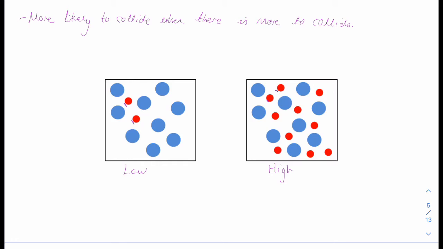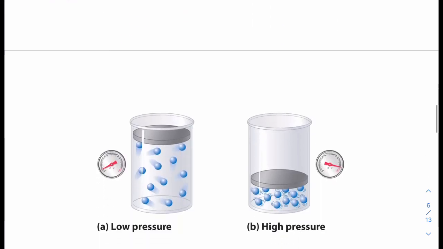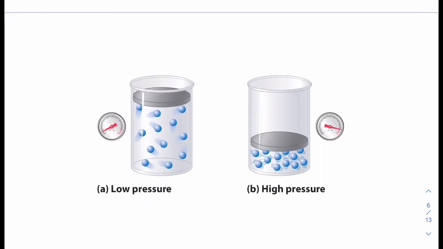So that takes us to our last factor, which is pressure. So if we've got a gas reacting with another gas, that's when we look at pressure. So low pressure is when the particles are really far apart, and then high pressure is when the particles are really close together like this.